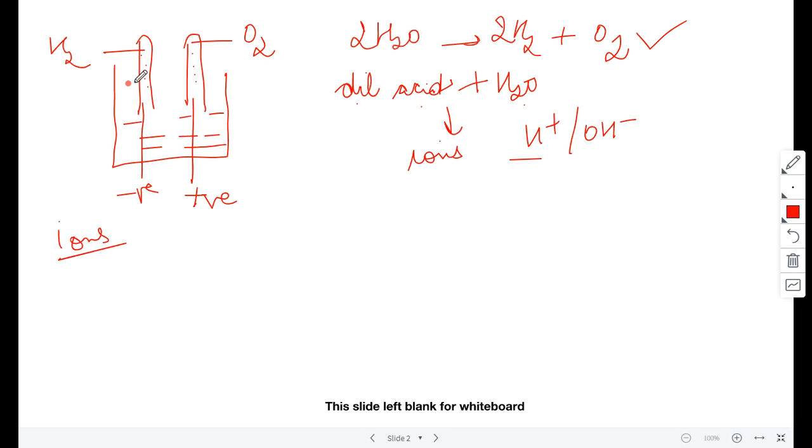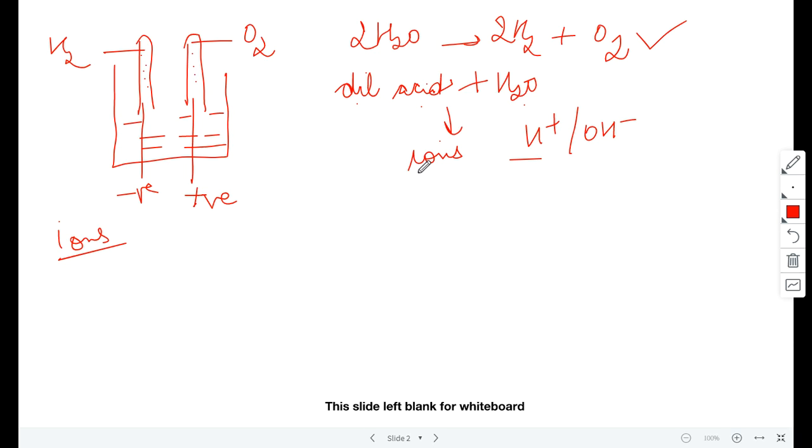Then ions get converted to the atoms. So we add dilute acid to the water so as to increase the conductivity. Increasing the conductivity means increasing the electrical conductivity so that the electric current can be passed through it. Now it's clear? Yes, I understand.